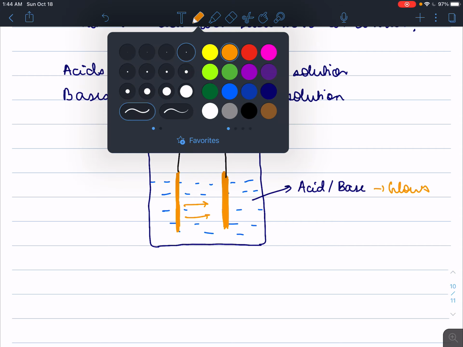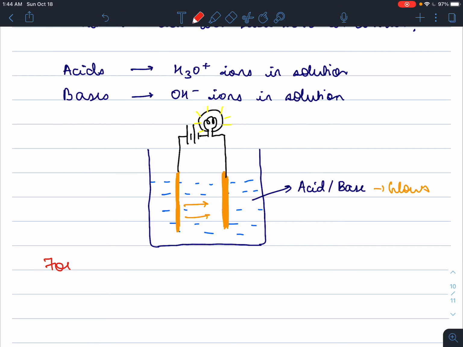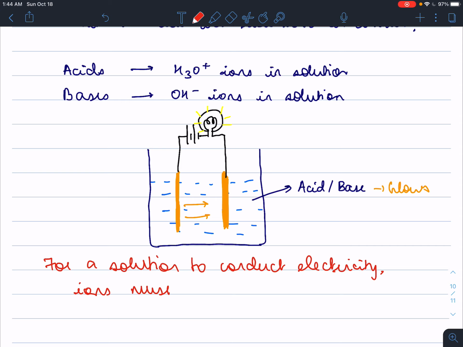So for a solution to conduct electricity, ions must be produced.